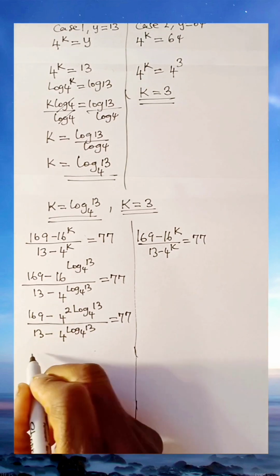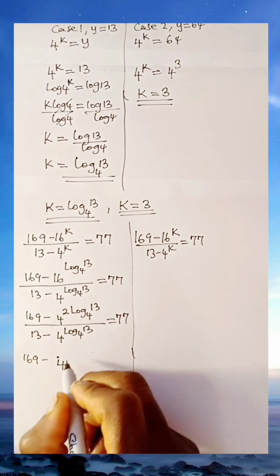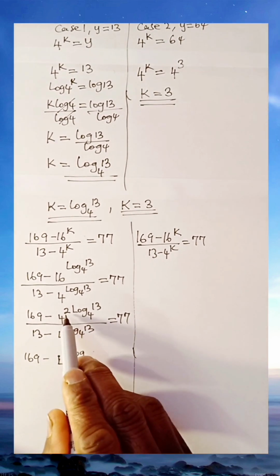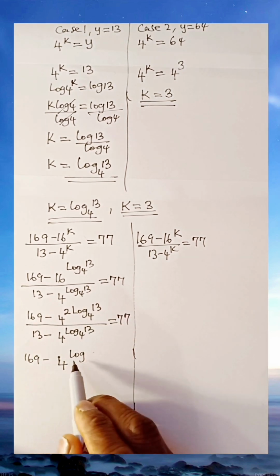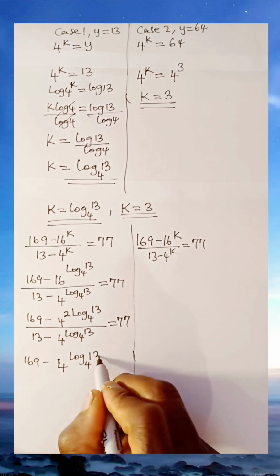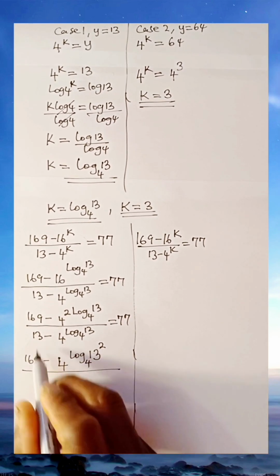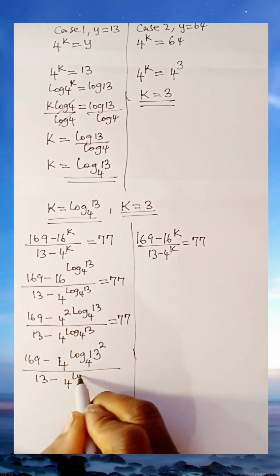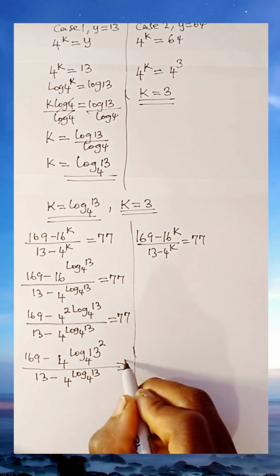Here, 4 raised to the power of log base 4 of 13 becomes 13, so we will have 13 raised to the power of 2, divided by 13 minus 4 raised to the power of log base 4 of 13. And this is equal to 77.